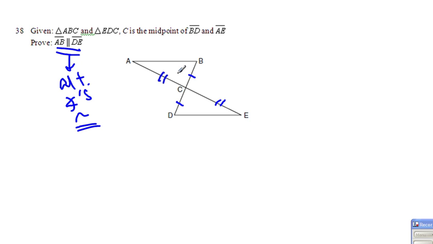But when you look at the angle in between them, you will realize that these two triangles must be congruent by side, angle, side. Now that means this angle is congruent to this angle. Soon as we realize that these are alternate interior angles and they're congruent to each other, then we realize that those two lines must be parallel.